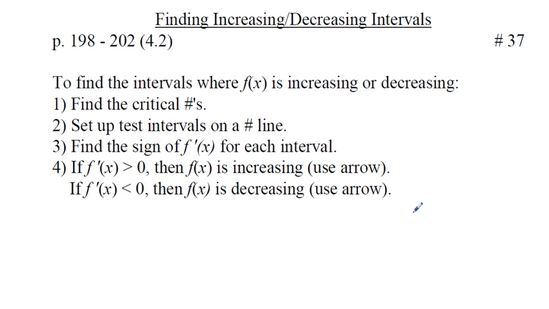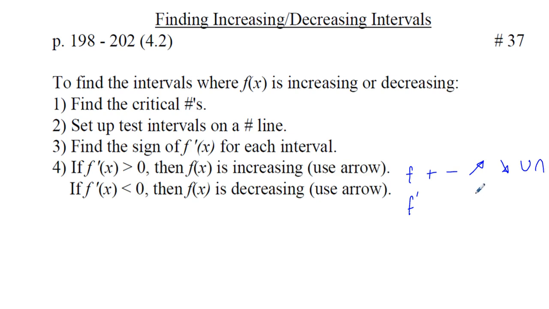Use arrow. And what I introduced in our prior lesson is if you have f and f prime of x, we put a row here, plus, minus, and we put an increasing value here, a decreasing value here, and then our last two are going to be concave up, concave down.